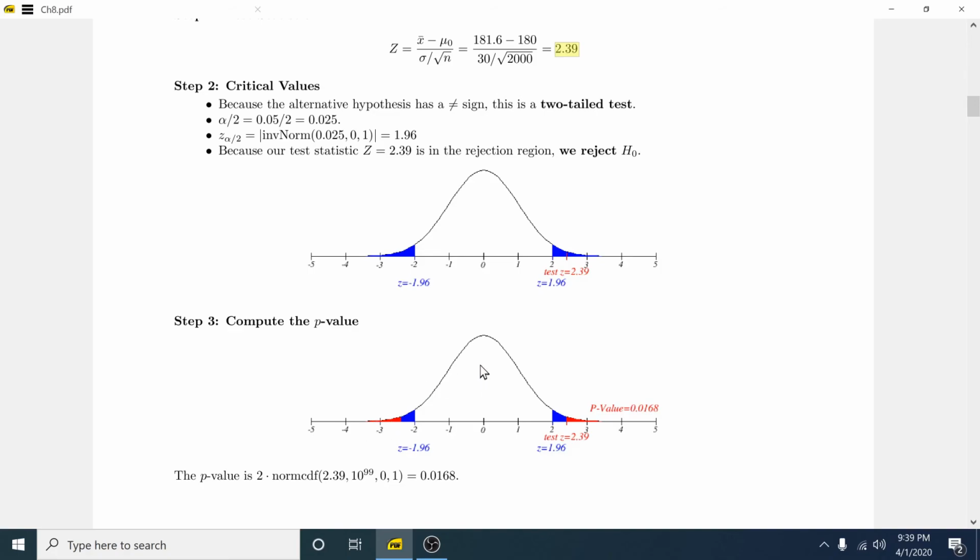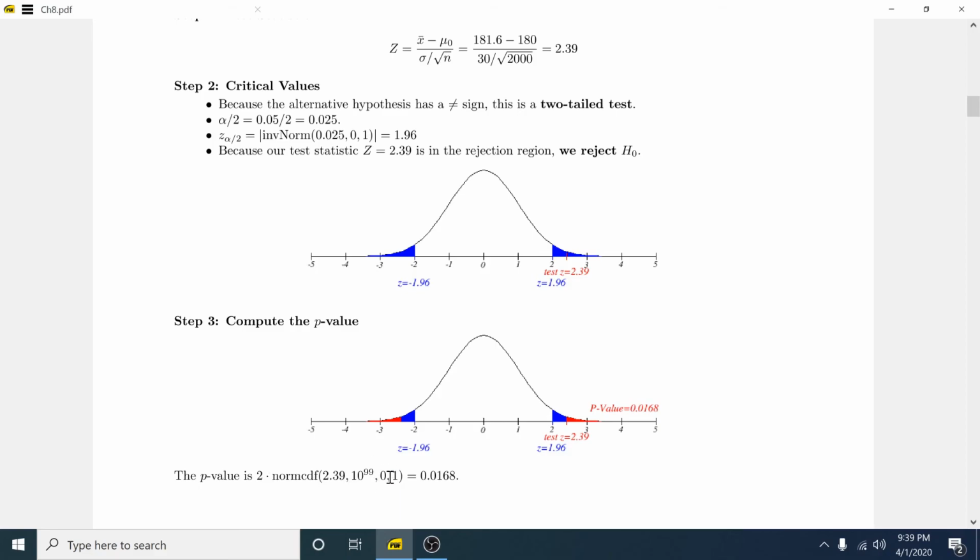Well, how do we do that? This is a standard normal curve, right? So to calculate this probability, we're going to use our norm CDF function on our calculator. We're going to go from 2.39 to infinity. On our standard TI-84 calculator, our proxy for infinity is something like 10 to the power of 99. That's the biggest number we can do. Again, this is a standard normal curve, so it has a mean of 0 and a standard deviation of 1.